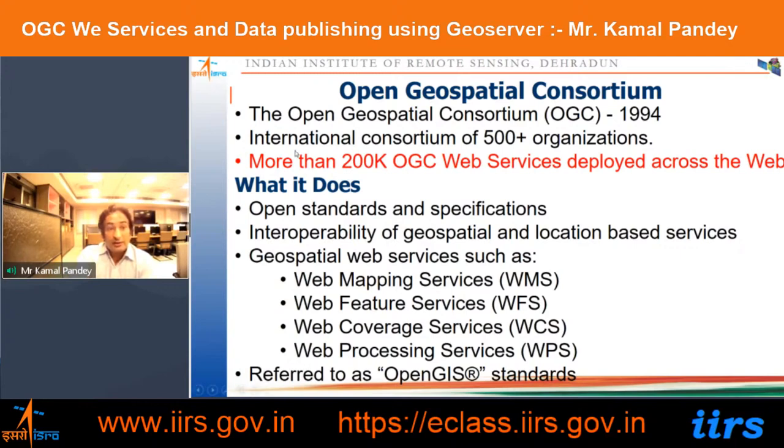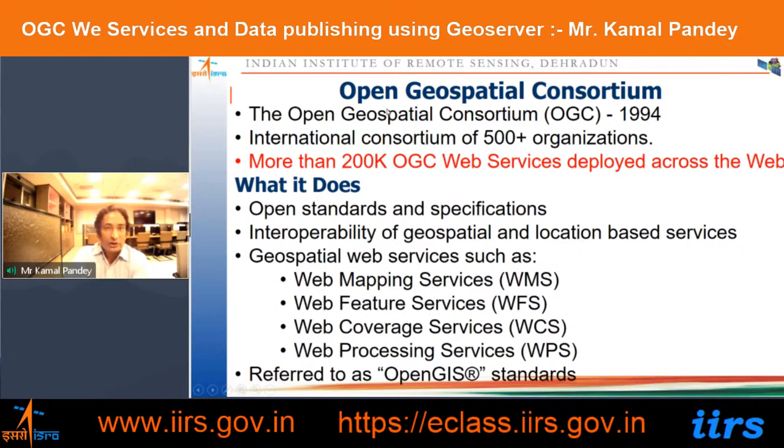Now here, what is the applicability? How are people using it? If you can see it here, more than 200,000 OGC web services have been deployed across the web. A few examples we'll see today also.